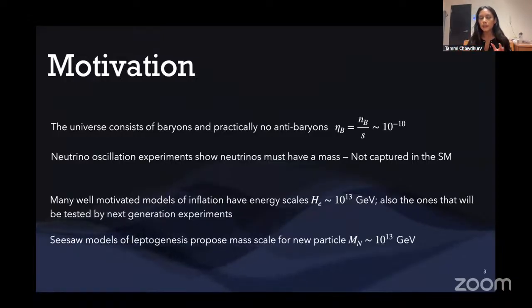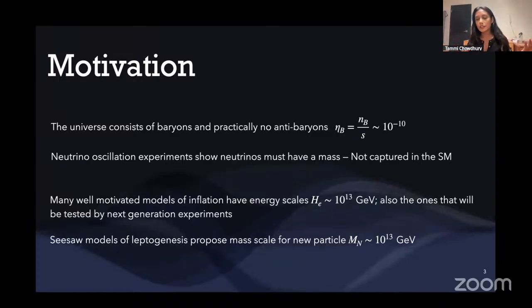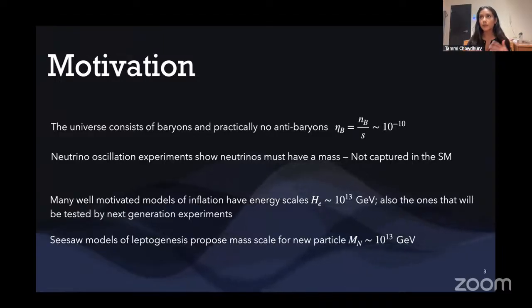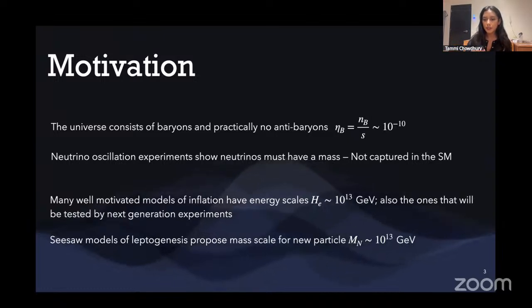Keeping this in mind, the leptogenesis scale for a new particle that's necessary for the seesaw mechanism is also of order 10 to the 13 GeV. So this coincidence between the mass of the new particle and the inflation scale provides us also a motivation to think about a model in which these two aspects are connected. And this is going to be this cosmological particle production of these new neutrinos, these right-handed neutrinos that are necessary for the type 1 seesaw mechanism.